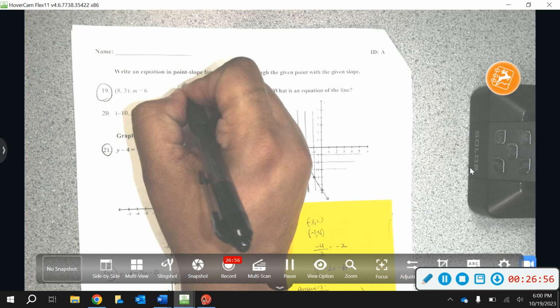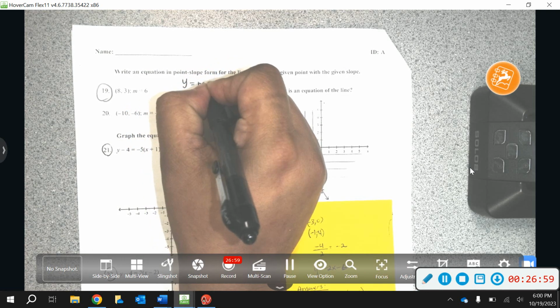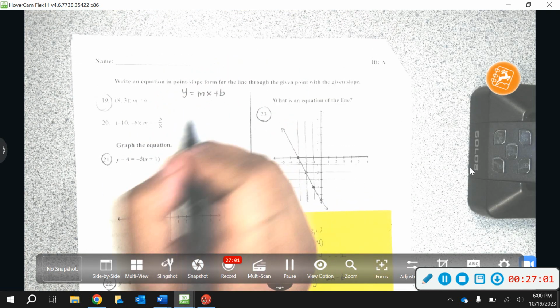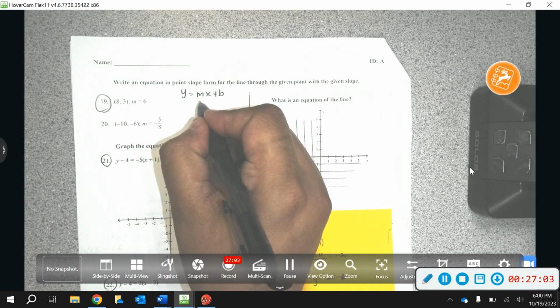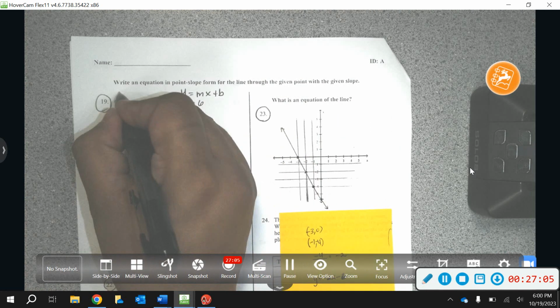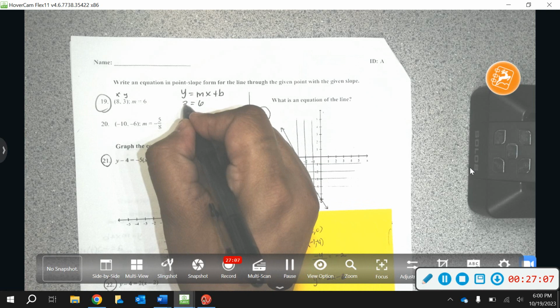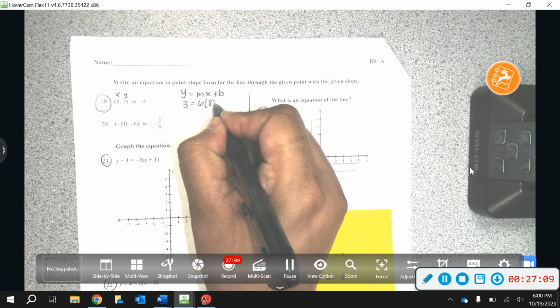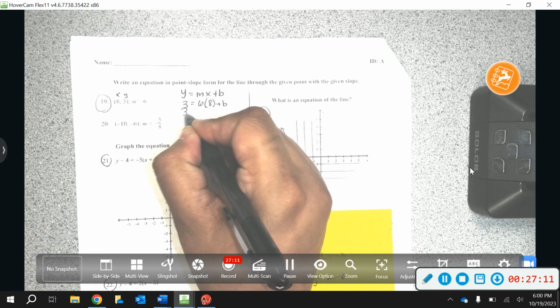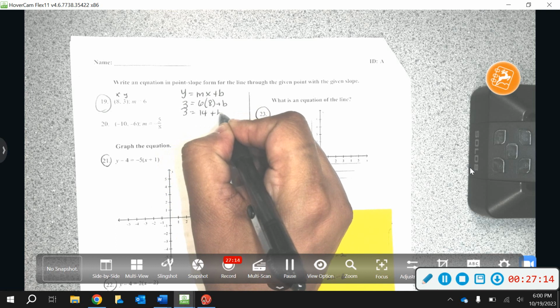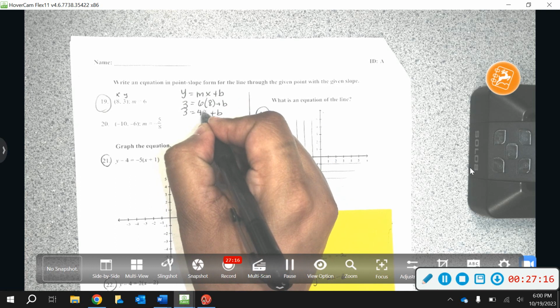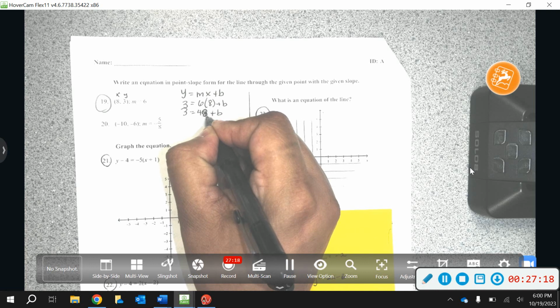All you have to do is use y equals mx plus b. Your slope was given a 6. This is your x and this is your y. Your y was 3, your x is 8, plus b, you get 3 equal to 48 plus b. My bad, that's my bad.